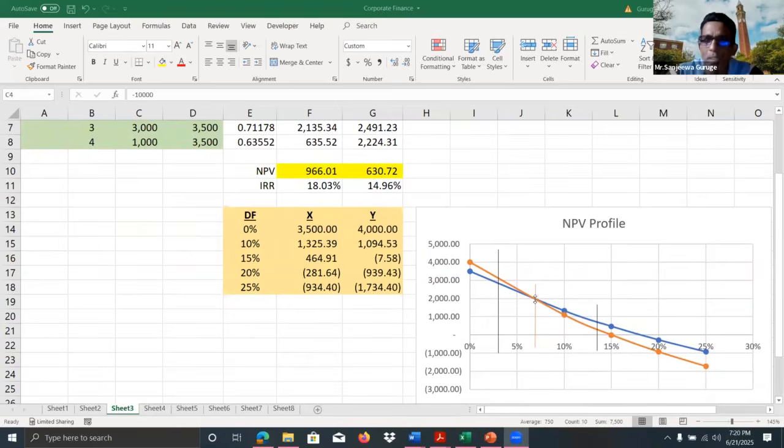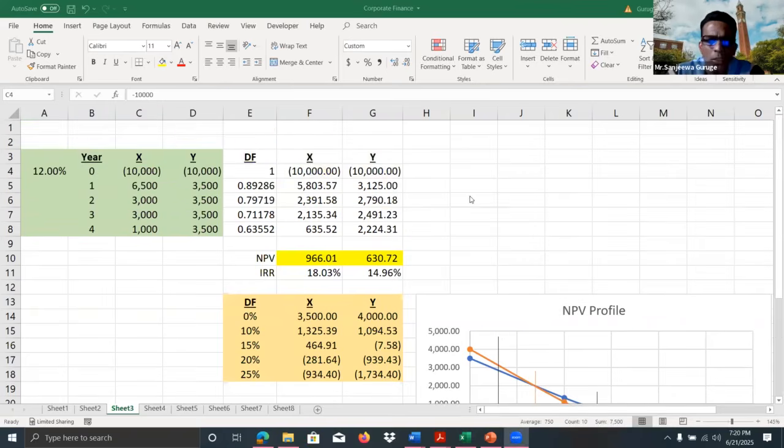Anyone knows what is the basis of calculating it? That is the IRR of incremental cash flows, right? Which is mostly not available in the books, but that is the IRR of incremental cash flows.